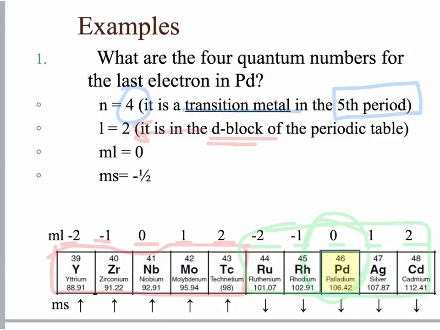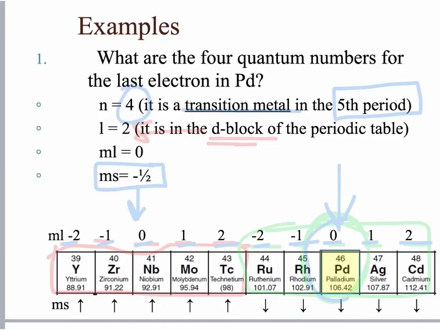Palladium is here in the second half of the block, so it's definitely going to be spinning down. So that's why we have a spin of -1/2. That means down. The M sub L, you've got to count -2, -1, 0, 1, 2. It starts over again, -2, -1, 0, 1, 2.